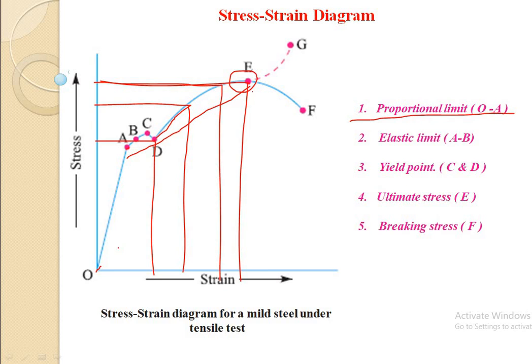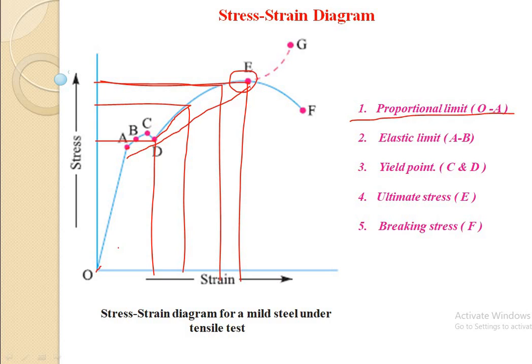When we apply a tensile load to the rod, there is an increase in length and a decrement in cross-sectional area. As the cross-sectional area decreases, the stress also goes on decreasing, because stress is equal to the applied load upon the cross-sectional area.